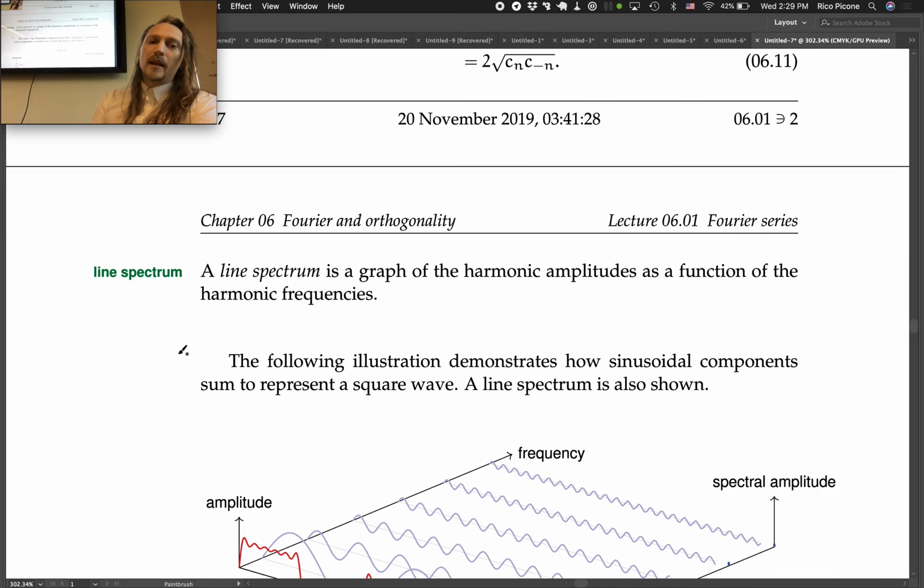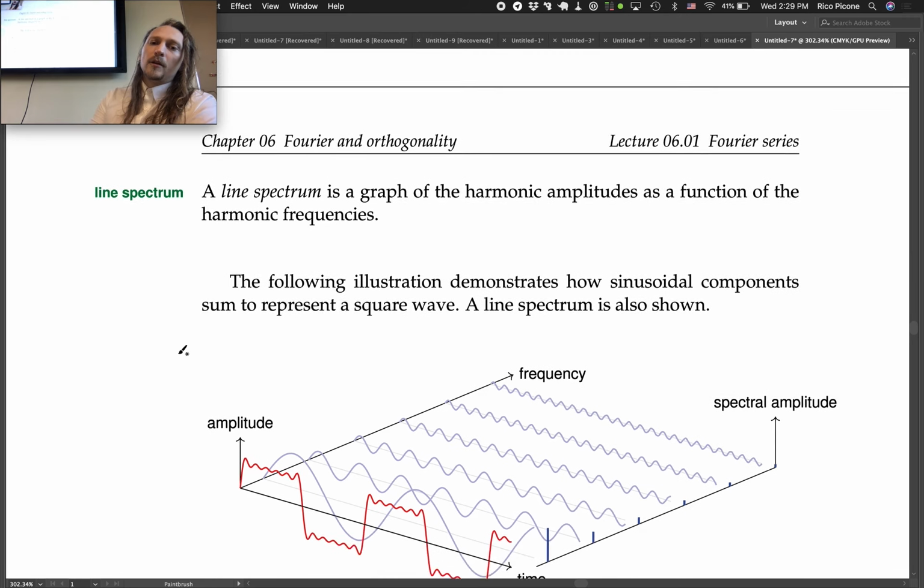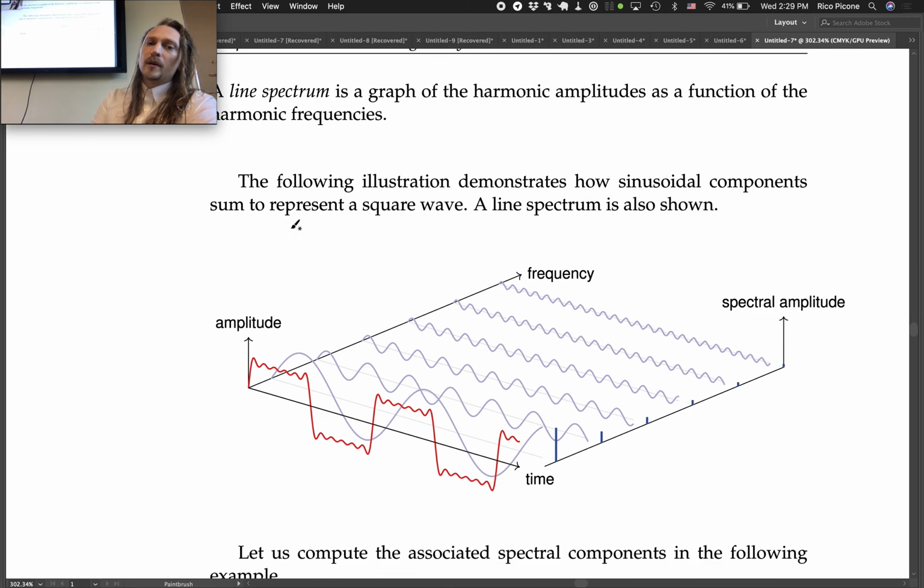So, yeah. A line spectrum is a graph of the harmonic amplitudes as a function of the harmonic frequencies. The following illustration demonstrates how sinusoidal components sum to represent a square wave. So we've got the amplitude vertically here. We're looking at the fundamental frequency sinusoid with the large amplitude here to represent this square wave.